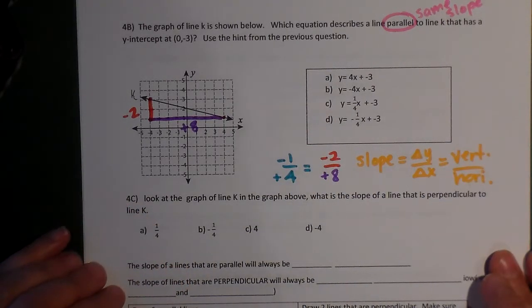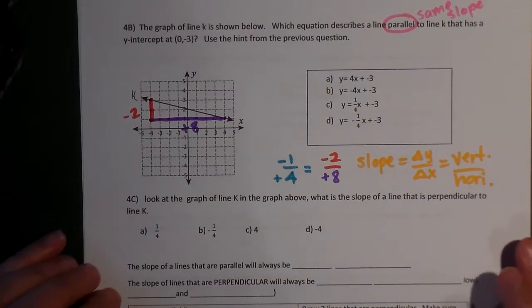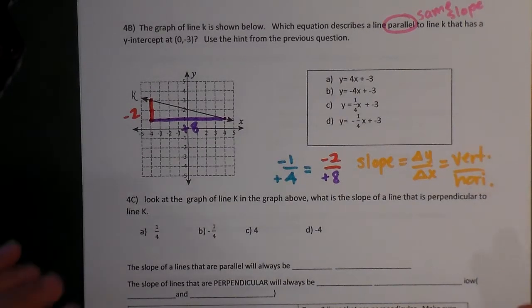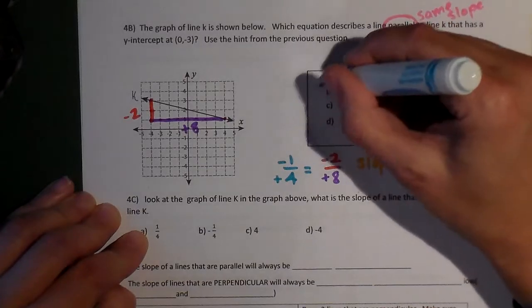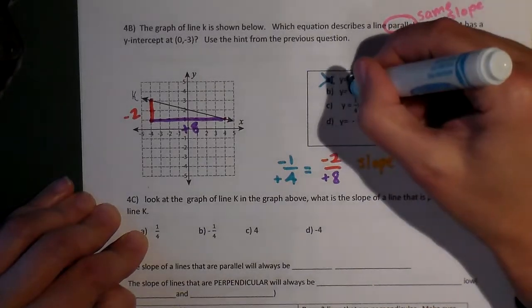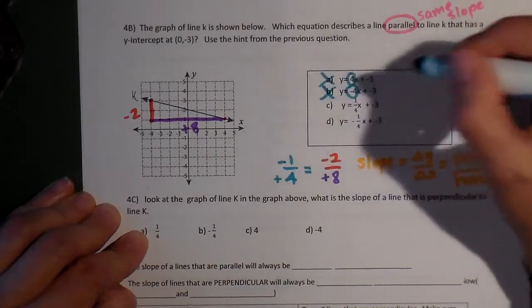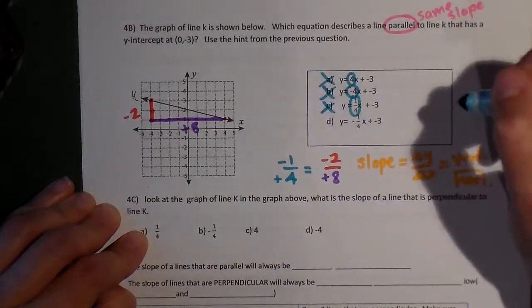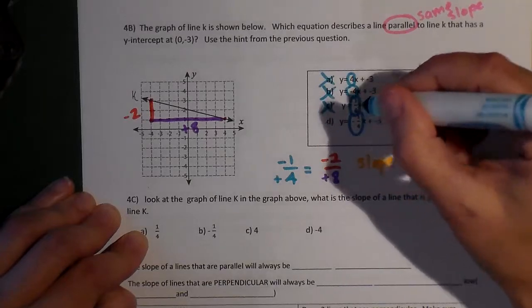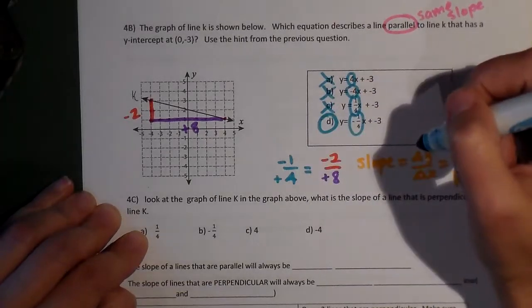So I'm looking for a line that has that same slope of -1 over 4. So let's look at our answer choices. +4. Nope. -4. Nope. +1/4. Nope. -1/4. Yes.